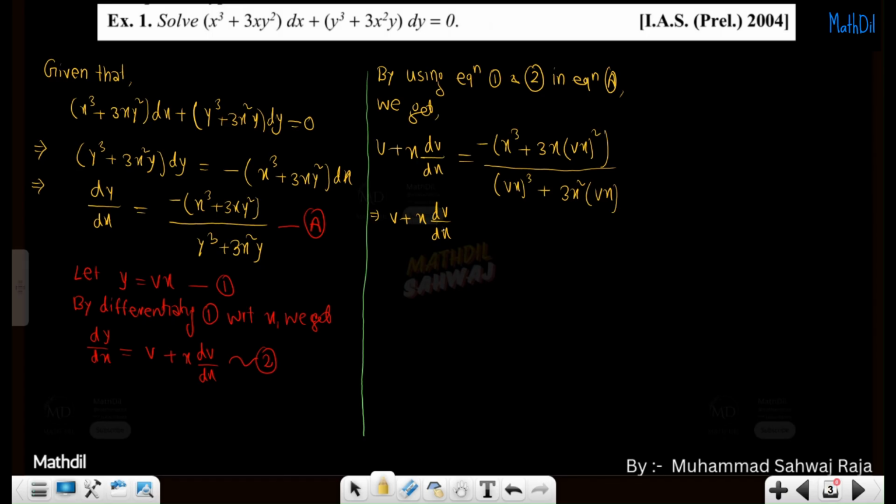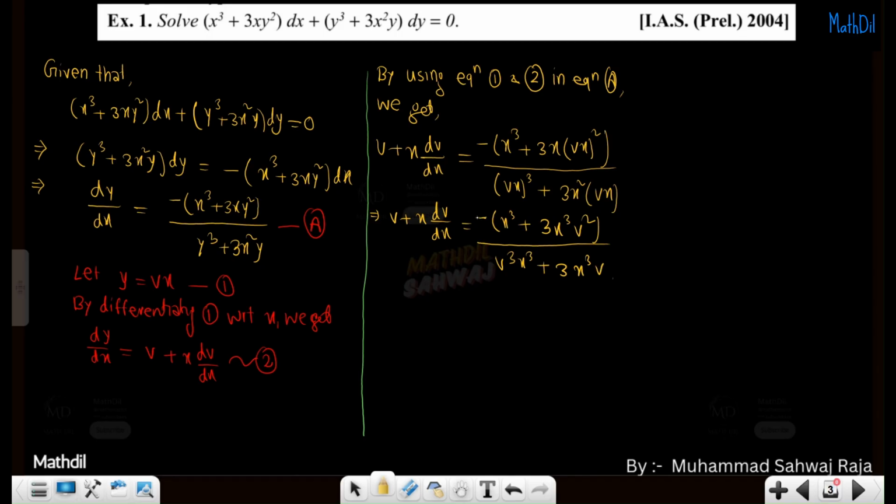Sorry, it is actually d/dx of v, right? So now it will be minus x cube plus 3. See, here is x square, here is x, so it will be x cube and it will be v square, right? y, what will you get? v cube x cube, right, plus 3x square into x, it will be equal to x cube and v will be as it is, right?